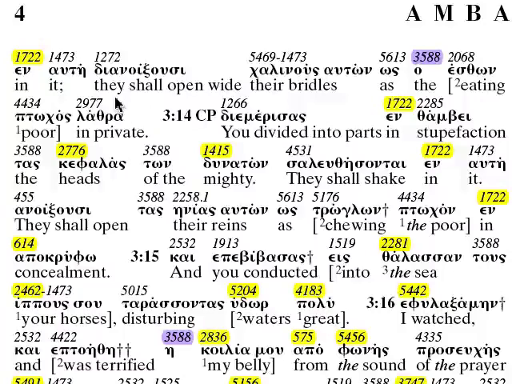They shall shake in it. They shall open wide their bridles as the poor eating in private. Well, or as the poor, you see here now the nominative, the singular. It could be the poor eating in private shall open wide their bridles. That's probably where I should have had it that way.